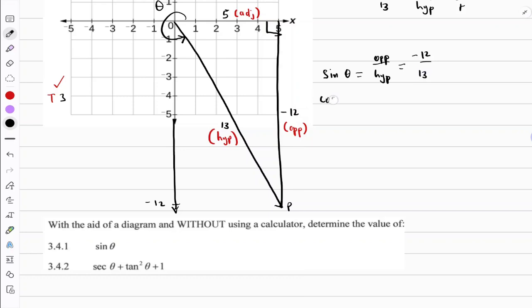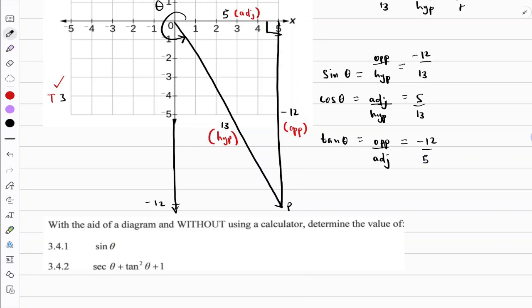So we can already establish cos theta. Cos theta then becomes the adjacent side over the hypotenuse, which is equal to 5 over 13. And tan theta, being the opposite over the adjacent, is equal to negative 12 over 5.